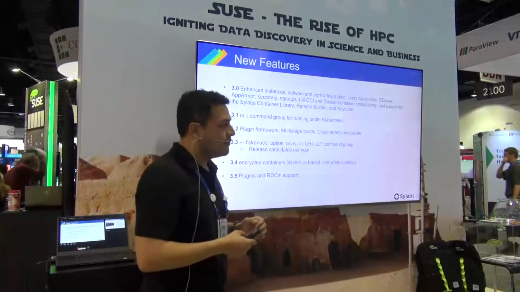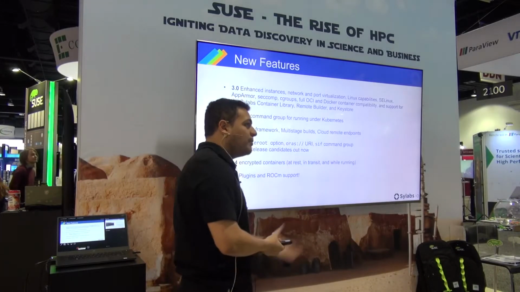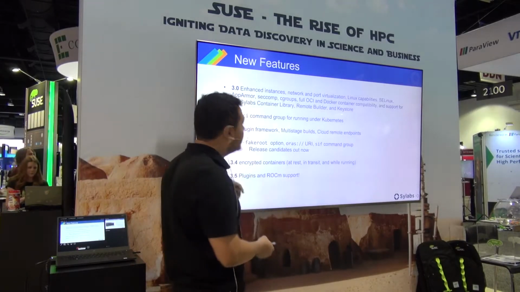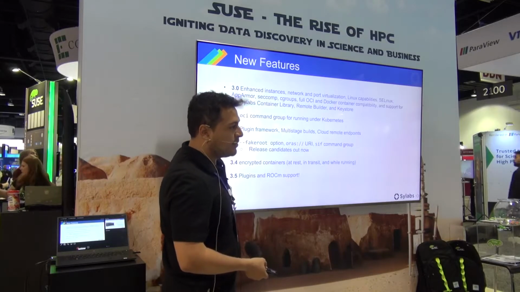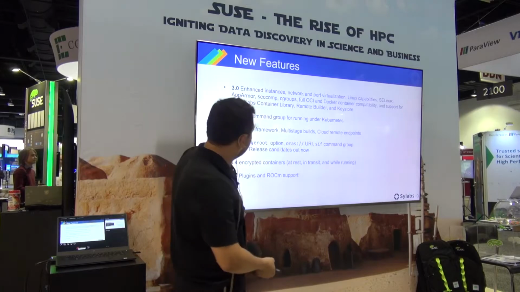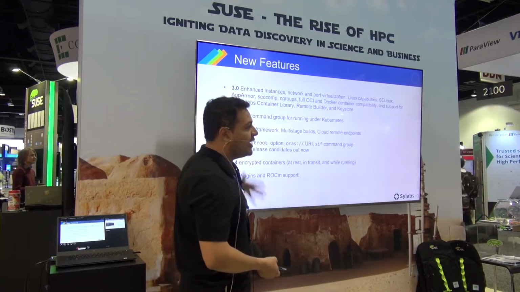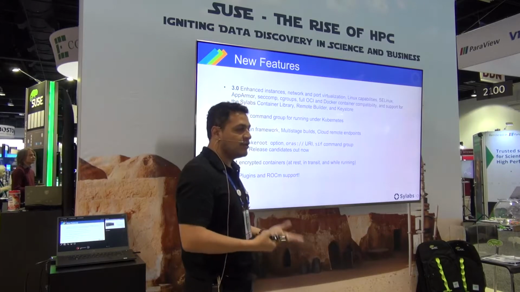For those that know Singularity, since November last year, at Supercomputing, we released Singularity 3.0, and it is now in 3.5, and it has been a long road. With 3.1, finally Singularity can integrate with Kubernetes.